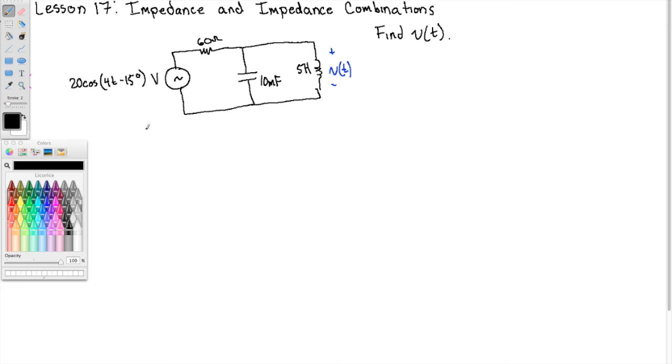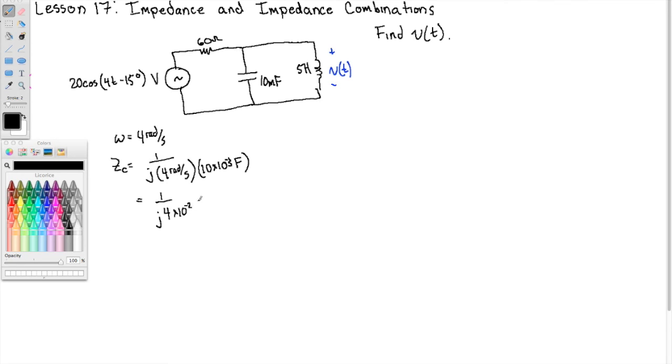Alright. First of all, notice the frequency of our source is 4 radians per second. So that makes the impedance of the capacitor 1 over j times 4 radians per second times 10 times 10 to the minus 3 farads, which gives us, let's see, so this is 10 to the minus 2, so this is j times 4 times 10 to the minus 2.